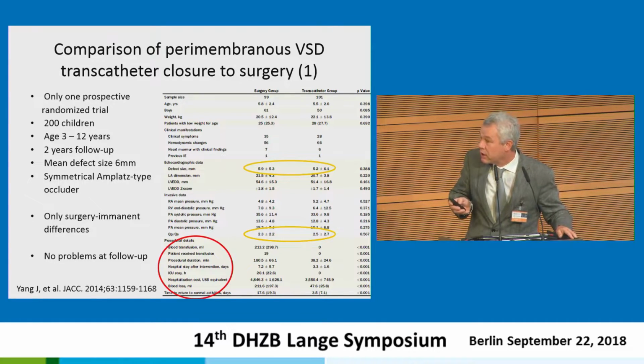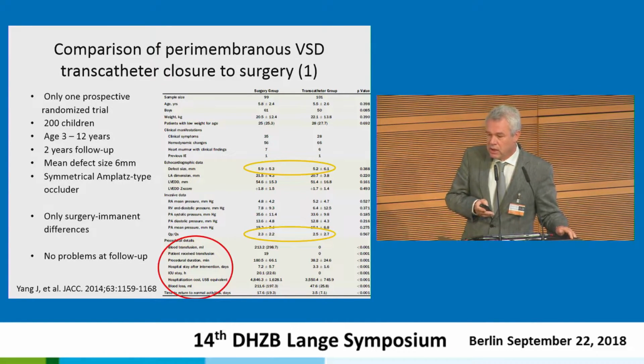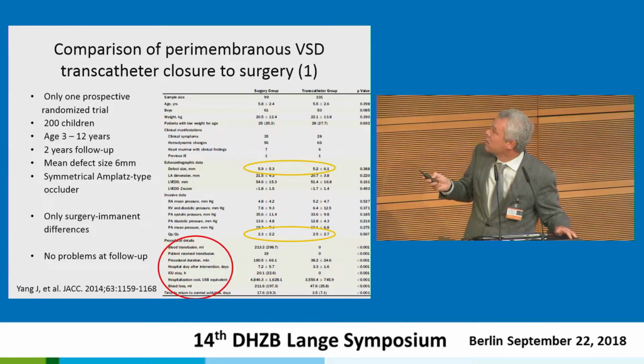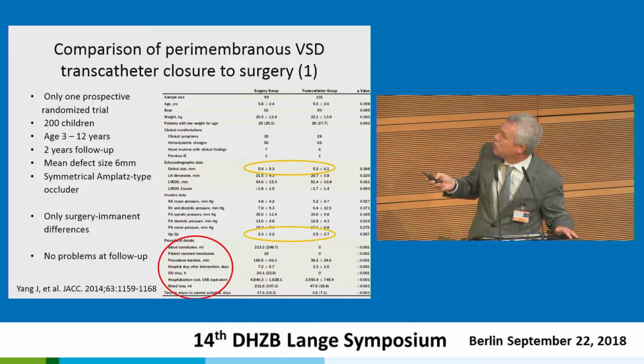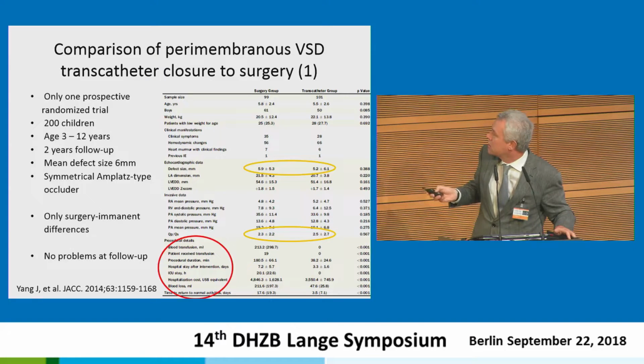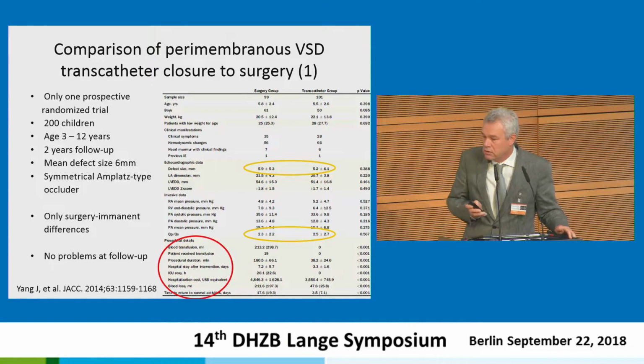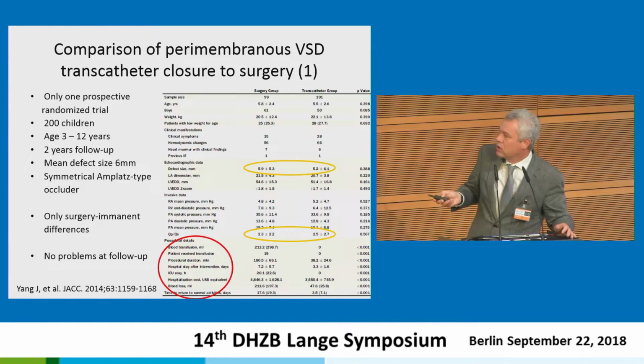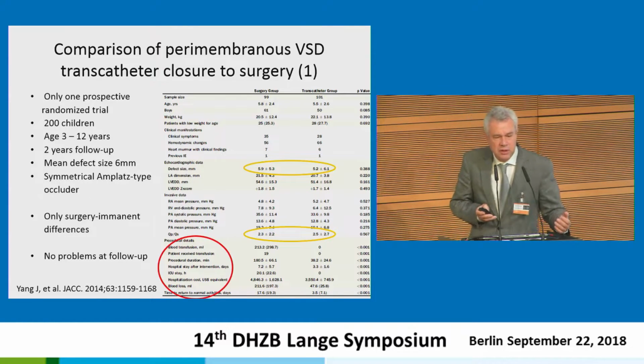So much for indications for surgery and for interventional closure. We have 2 years follow-up in this study, and the mean defect size was a little bit larger in the surgical group, but this was randomized, so that's not significant, and the shunt was nearly the same between the groups. They used symmetrical Amplatz type occluders only, and then they compared, and the only problems noted were things inherent to surgery.